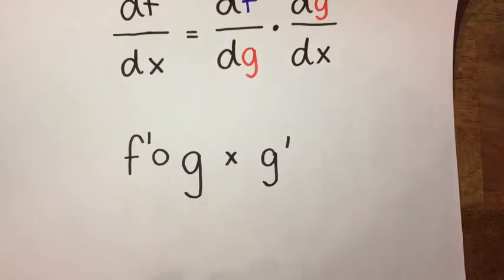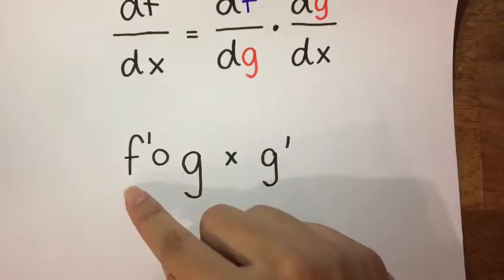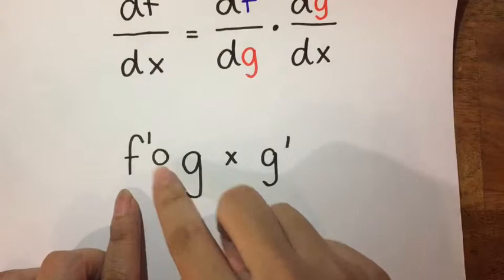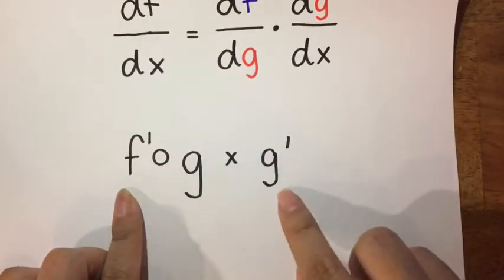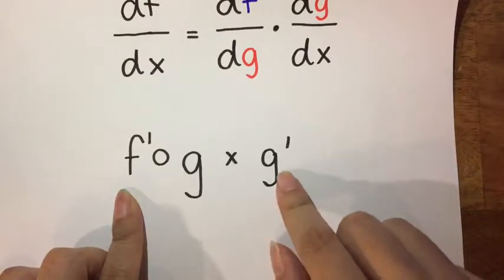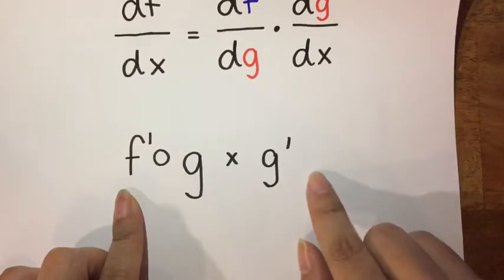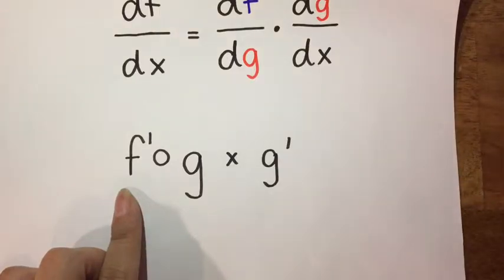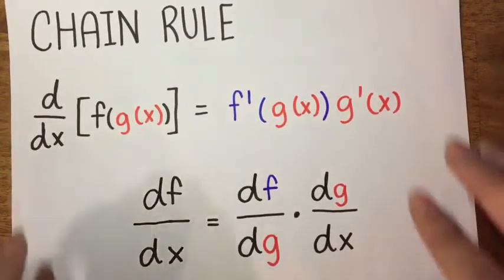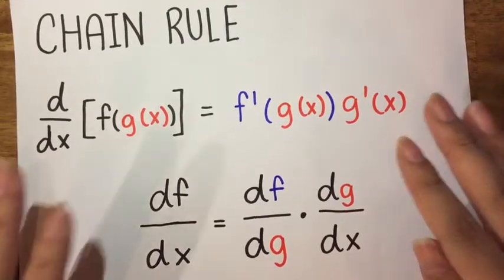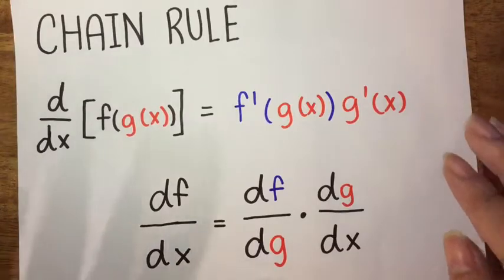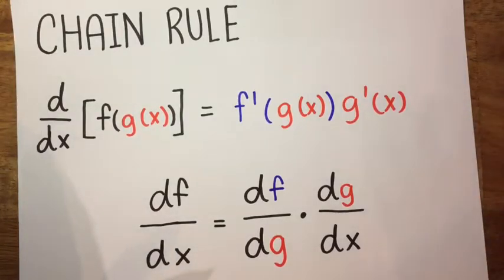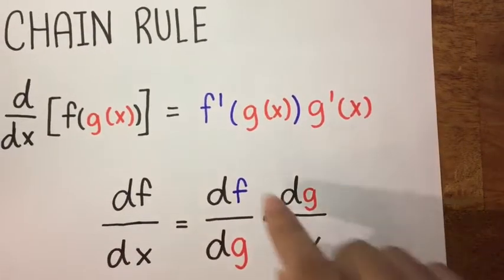So it's the same as we have to derive f with respect to g times with g with derivative respect to x. Okay, so just remember that chain rule just means to derive the outside function with respect to the inside function times with the derivative of the inside function, as you can see here.